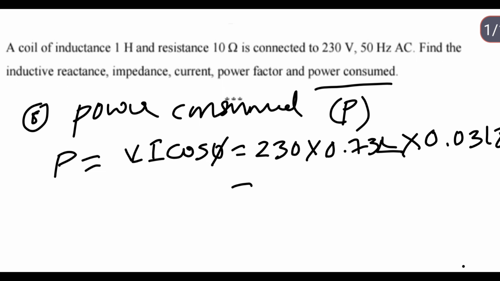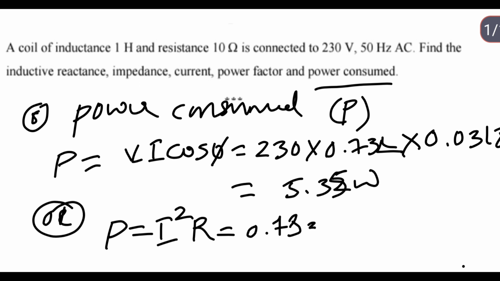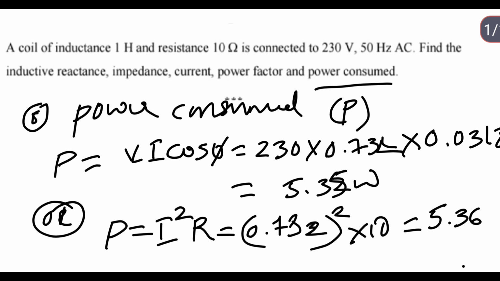The final answer is 5.325 watt. Also, one more formula you can use is P equals I square R. So 0.732 squared into 10 gives the same 5.36 watt. The answer will be the same.